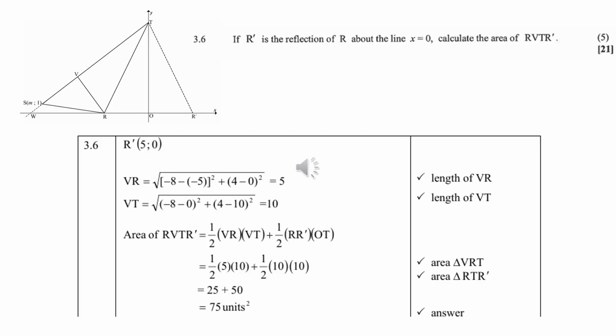Remember, R is -5 and R image is +5. So that distance is 10. And then the perpendicular height OT, remember the point T is 10, so that will be the height. So therefore, a half times 10 times 10. And that gives you then 75 square units.